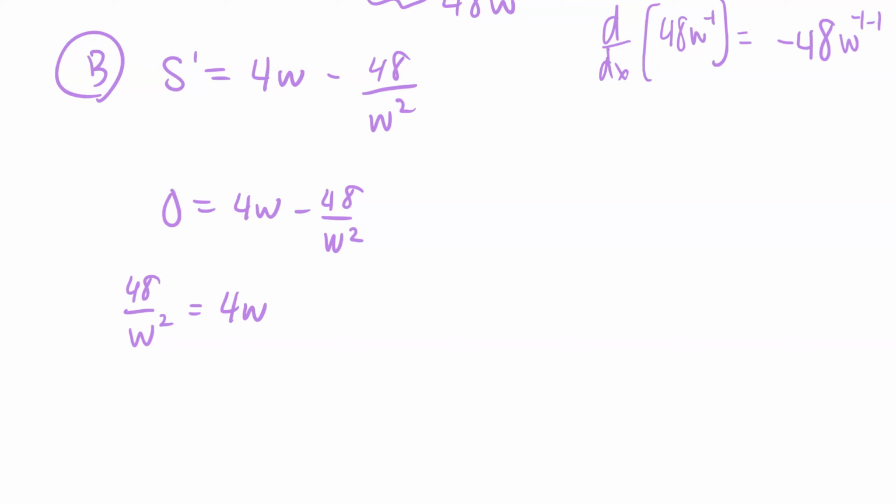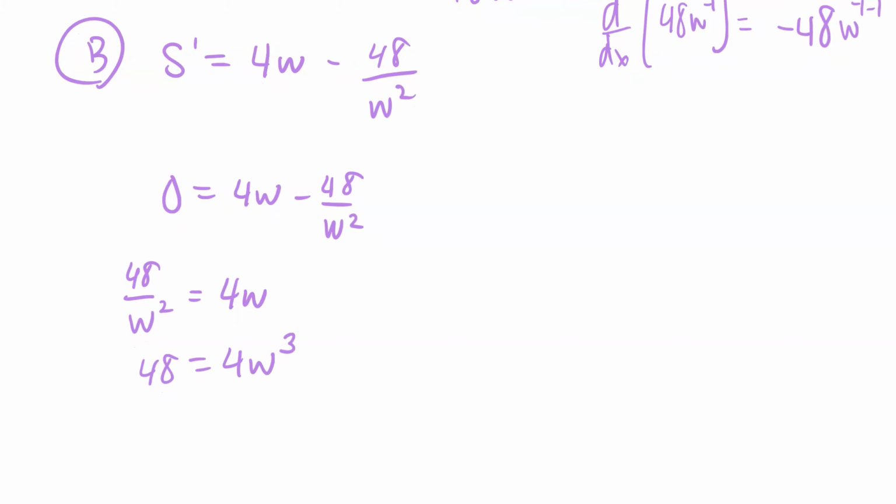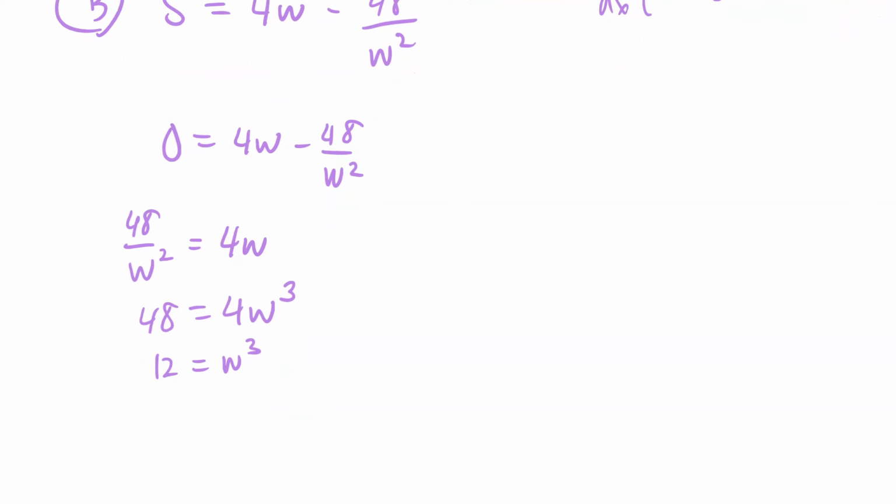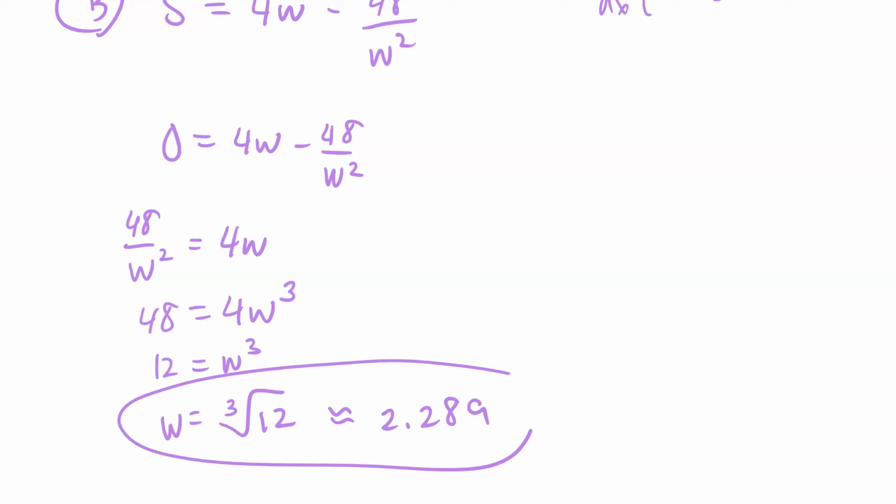When I multiply both sides by W squared, I get 48 is equal to 4 times W cubed. Divide by 4 on both sides. I get 12 is W cubed. And that tells me that W is just going to be the cube root of 12, which is about 2.289, and that's the answer for part B.